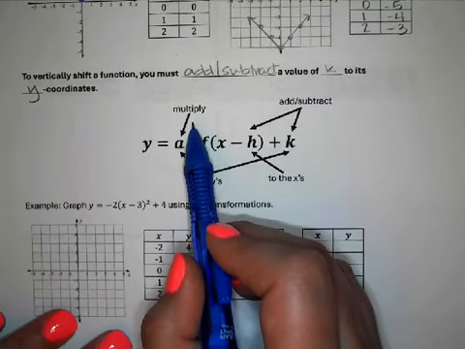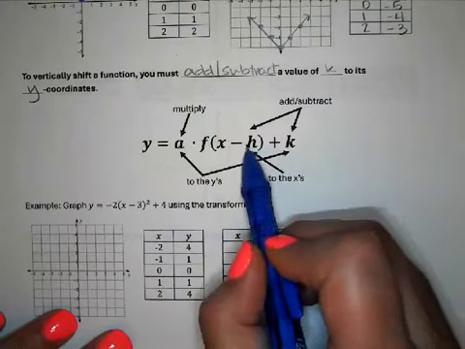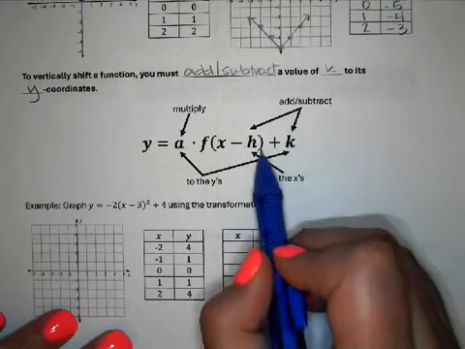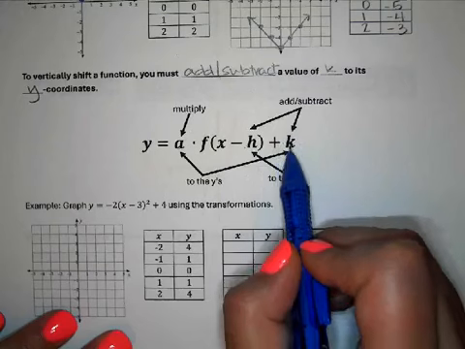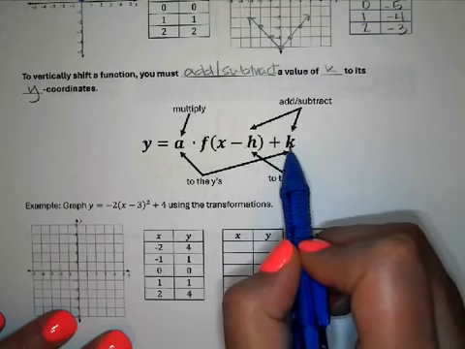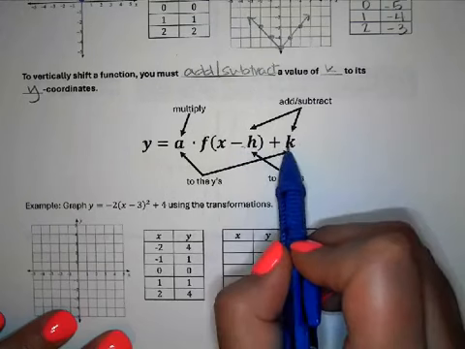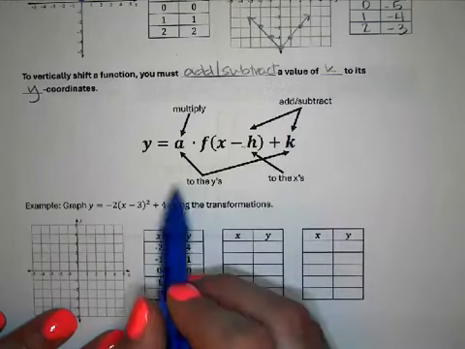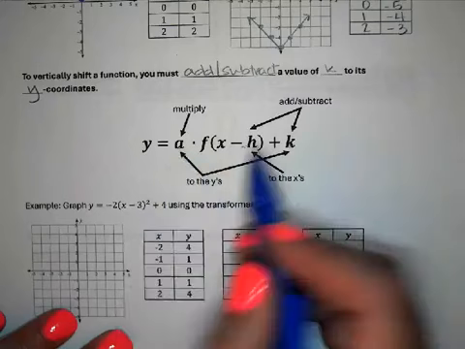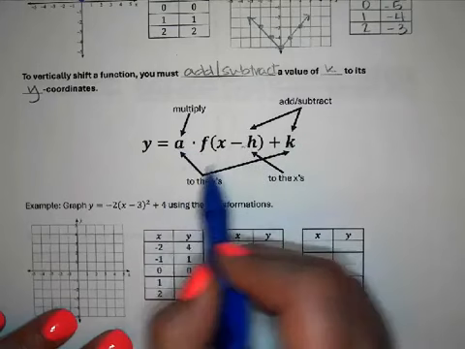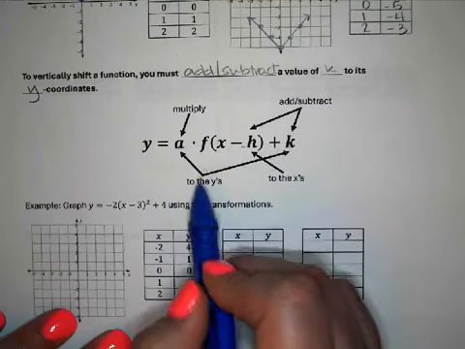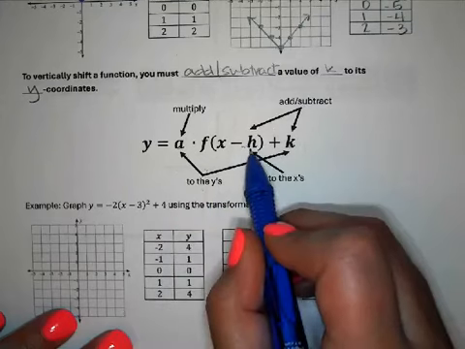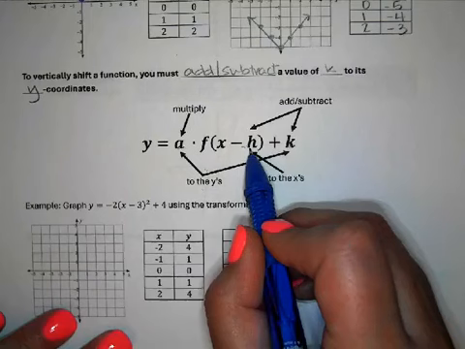If it's one of these numbers, then you would add or subtract. This shifts the graph to the left and right. This shifts the graph up and down. Left and right, up and down. And you would add or subtract to the coordinate. Here we can see that any transformation that happens on the outside of the function is going to change the y coordinates. Any transformation that happens on the inside of the function happens to the x coordinates.